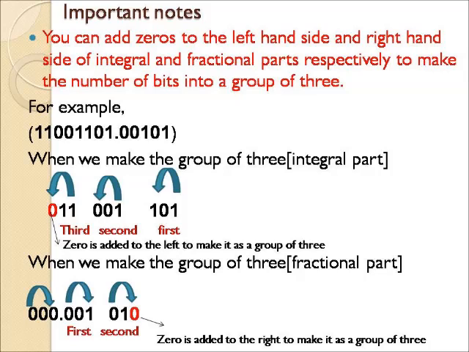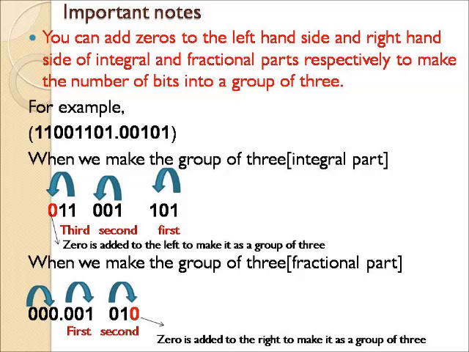So in order to make a group of 3, we add a 0 to the left. I have highlighted it in red color and also written that 0 is added to the left to make it a group of 3.